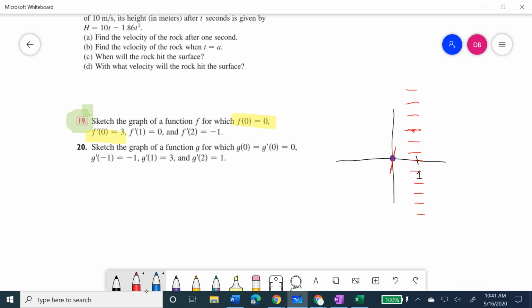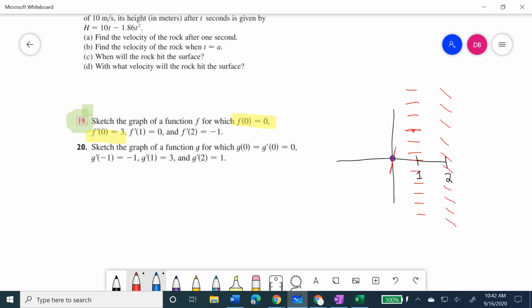Then for 2, I'm being told that I have a slope of negative 1. So you can make a guess at where you think the point might be when you've hit x equals 2. It is a negative slope, so you had to head down to get there. But you can also draw a bunch of little negative 1 slopes all over the place where x is equal to 2. And wherever you decide to put that point, you have to have that slope.